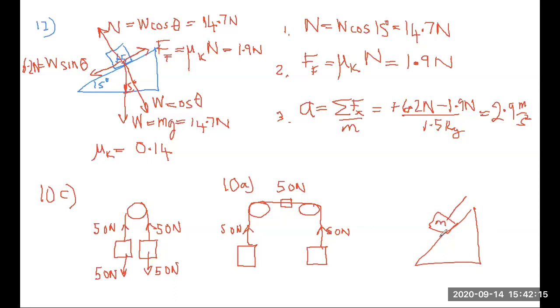We sort of did this problem in class. In this case, gravity is pulling downwards, and we can resolve gravity into two components, mg sine theta and mg cosine theta. So gravity has a parallel and a perpendicular component.